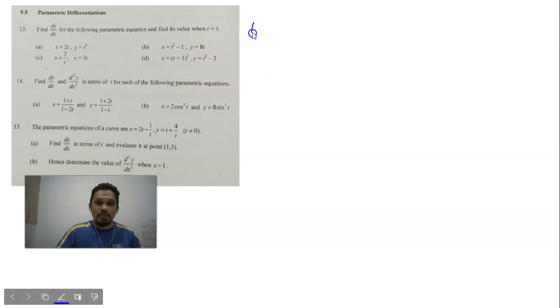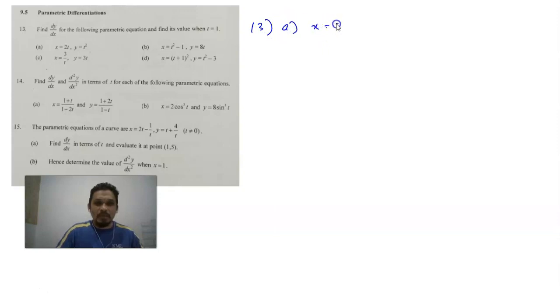So question 13. Find dy/dx for the parametric equation when the value of t equal to 1. Question A: x equal to 2t and y equal to t squared, when t equal to 1.